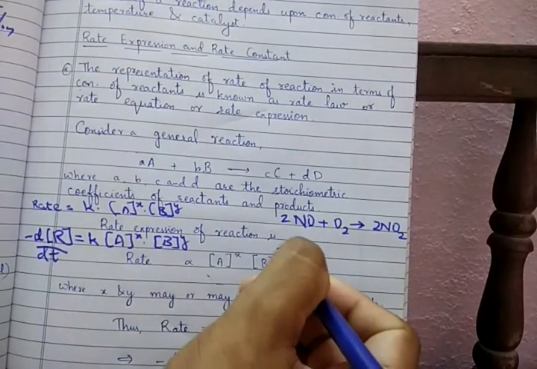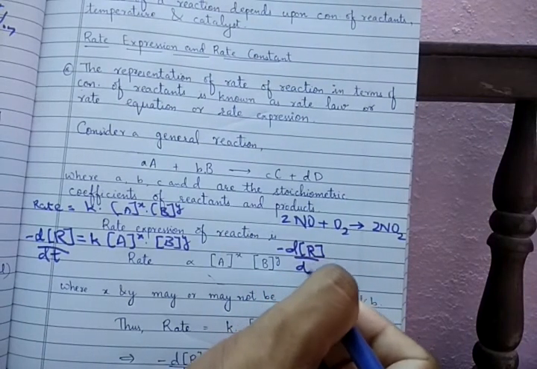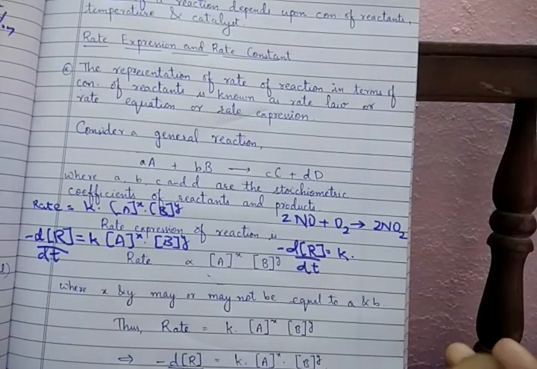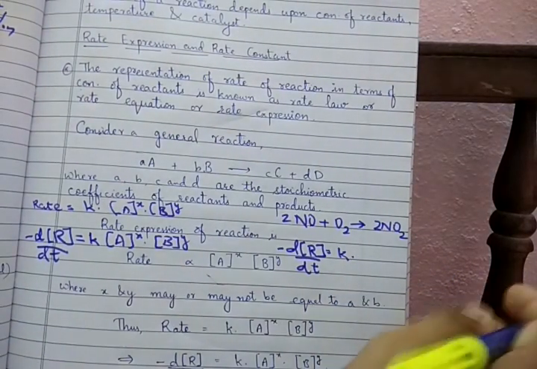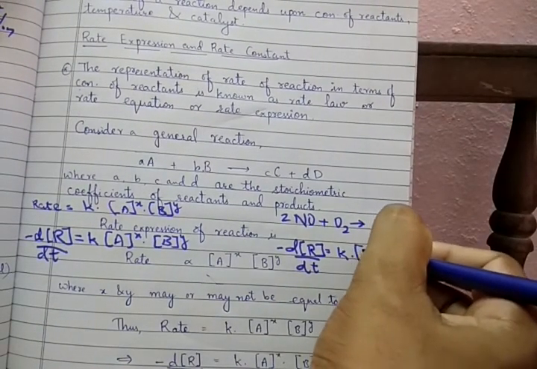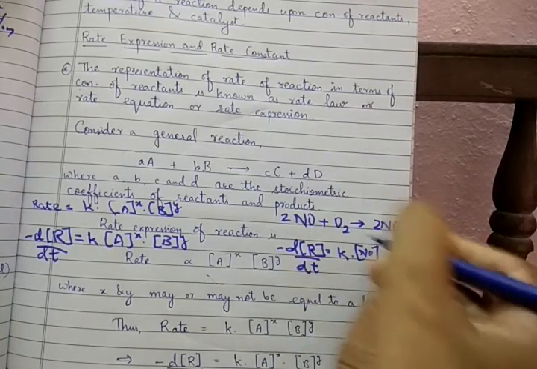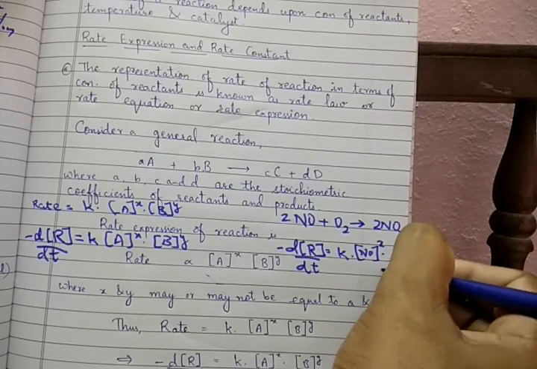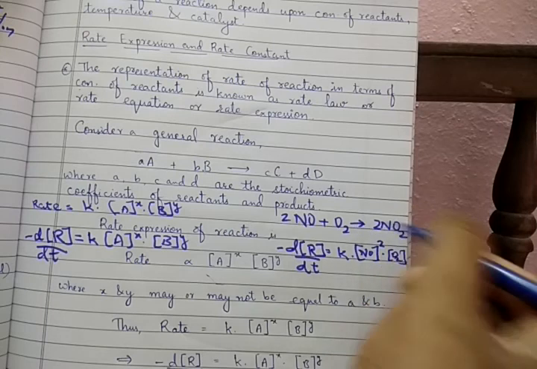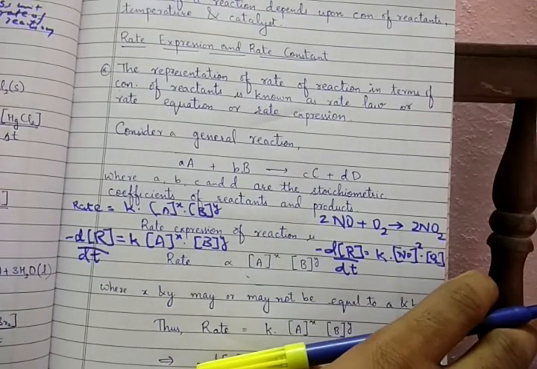We will write it this way: minus d concentration of reactant equals k, the proportionality constant, which is known as the rate constant, into the concentration of NO to the power of its coefficient, which is 2, into the concentration of oxygen, whose power is not given, so it is 1. So this is how we write the rate expression of a chemical reaction.